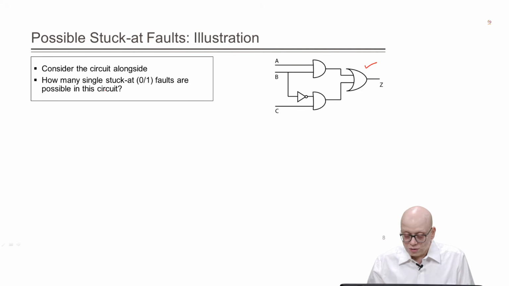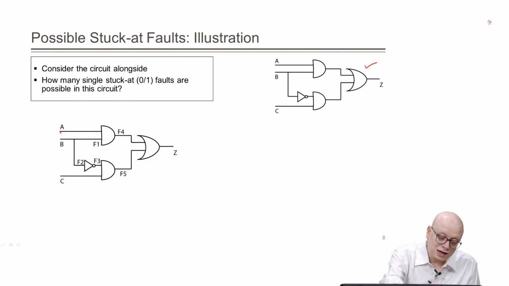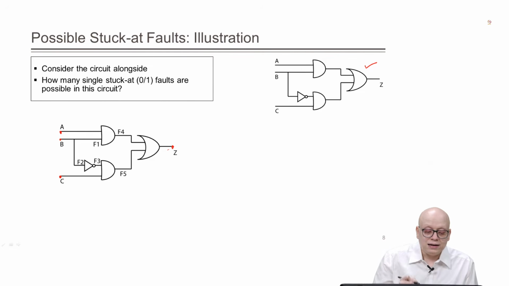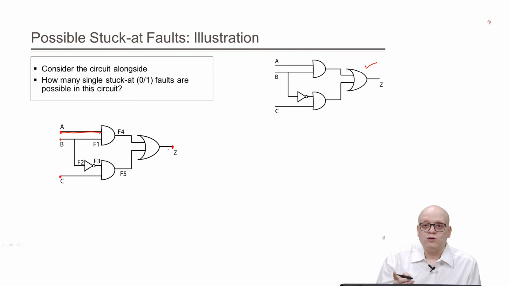The fault sites are the input ports. And then if we look into the net A, there is only one fault site, because it has got a fan out of 1.